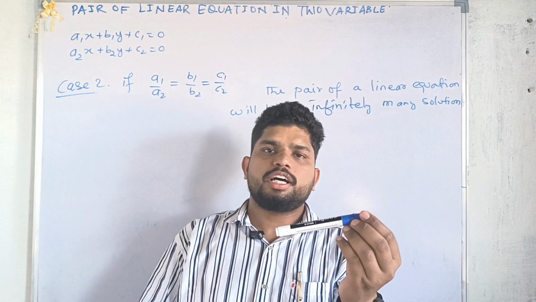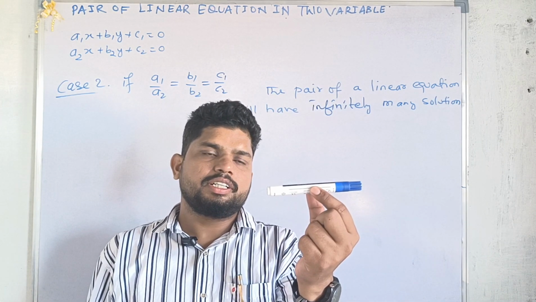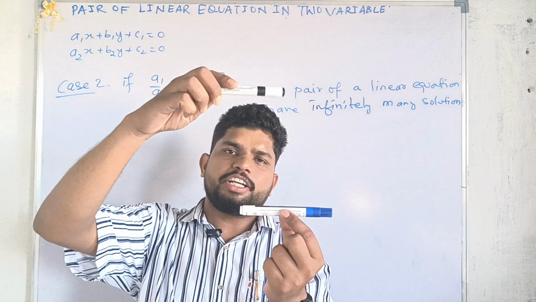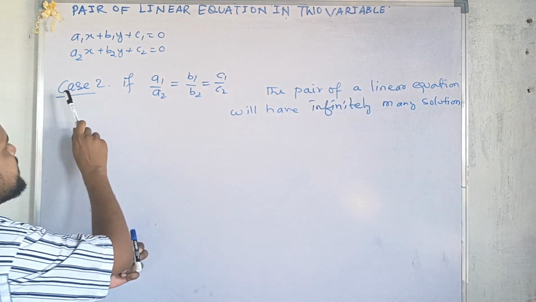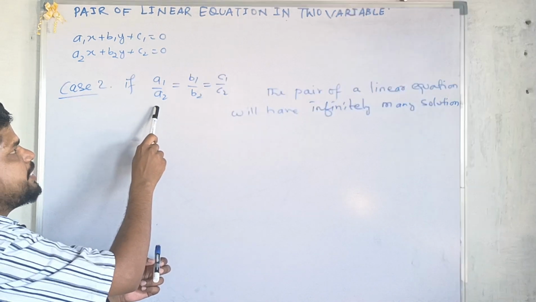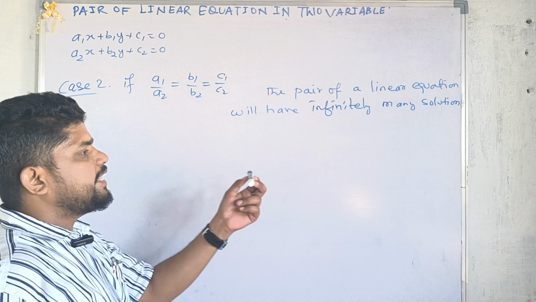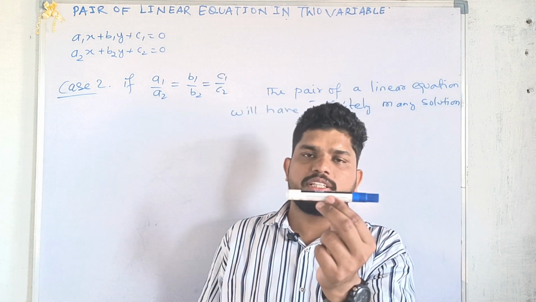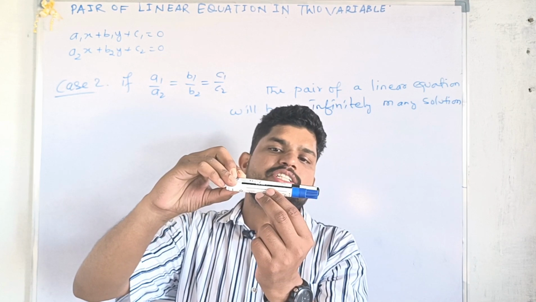Like suppose this is the line for a pair of linear equations in two variables, and this is another pair of linear equations in two variables. If this comes under the second case, where a1 upon a2 equals b1 upon b2 equals c1 upon c2, then the lines for both equations will coincide with each other.